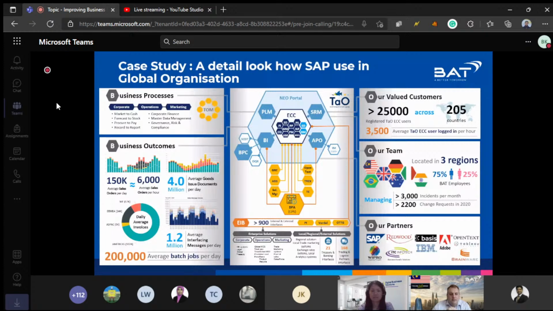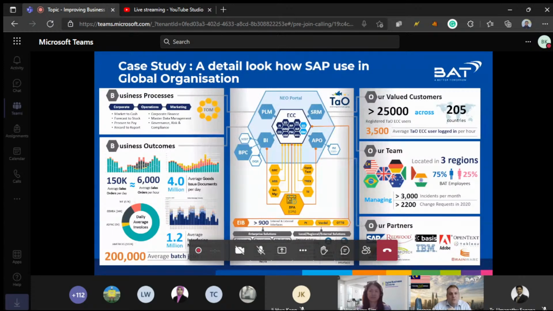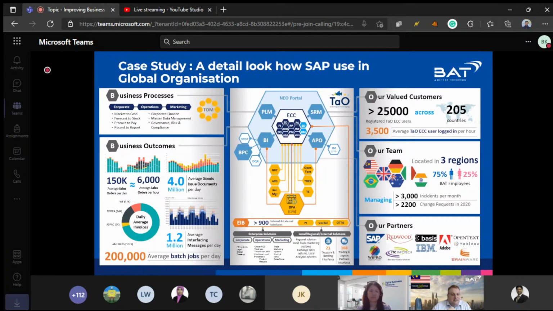Our team has multiple nationalities. We sit in 3 regions. If you look at the numbers, we have over 3,000 incidents per month. We have about 2,200 change requests a year. That is when a market comes and says, we have something that we need to change because we have a legislation change in our country.